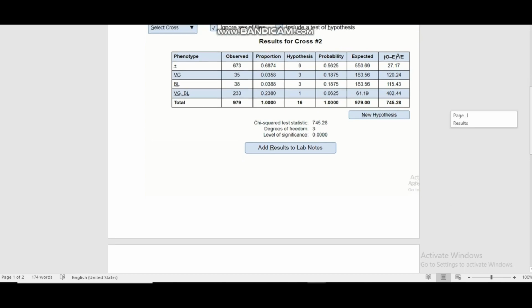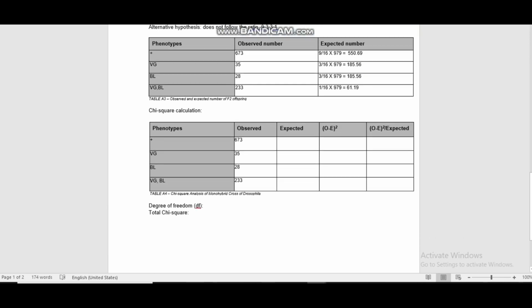And next, we just copy and paste. So this is our expected. Next, we have to calculate by ourselves.